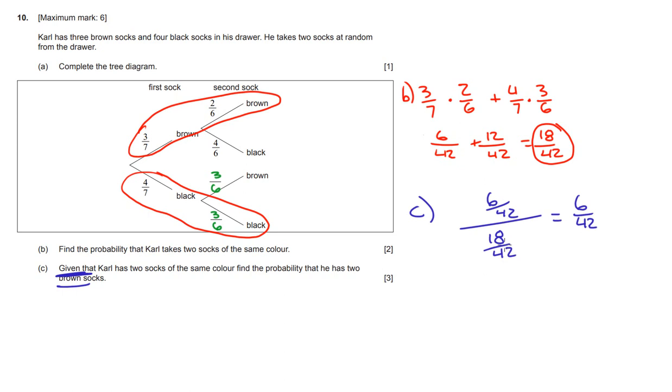If you're dividing by a fraction, you can flip it over and move it to the top to multiply. So we really turn that into 42/18. So these 42s go away, and we're just left with 6/18. You do not have to simplify. You can leave it as 6/18, or you could turn it into 1/3.